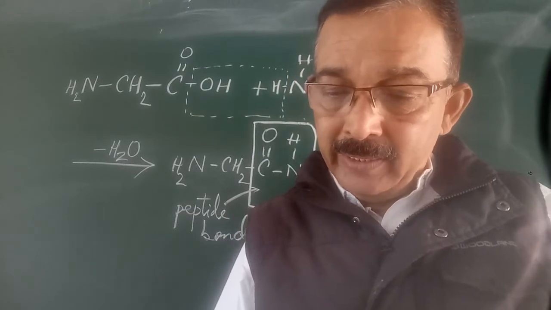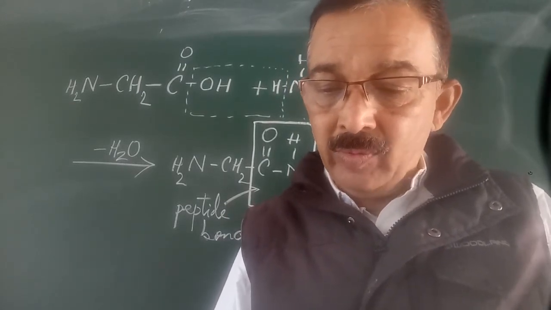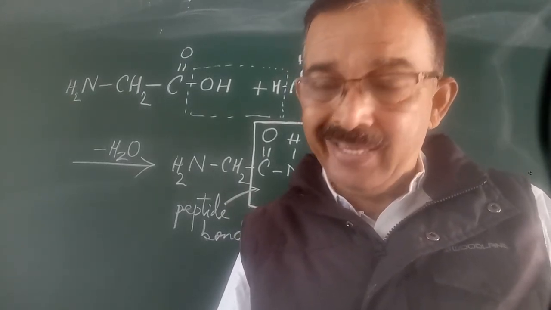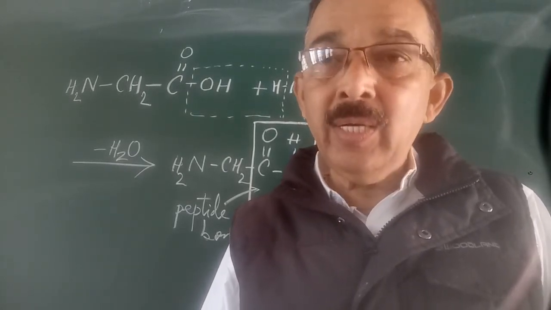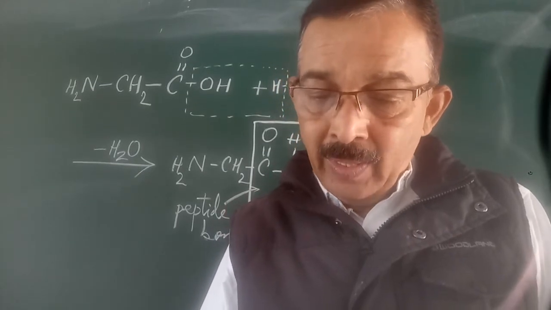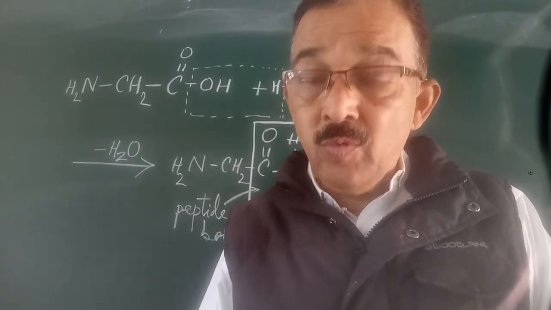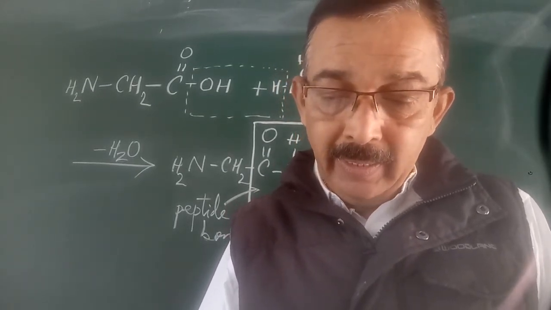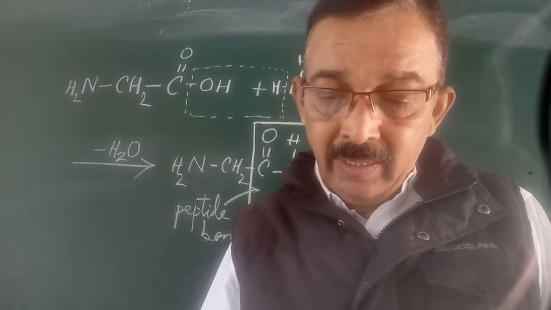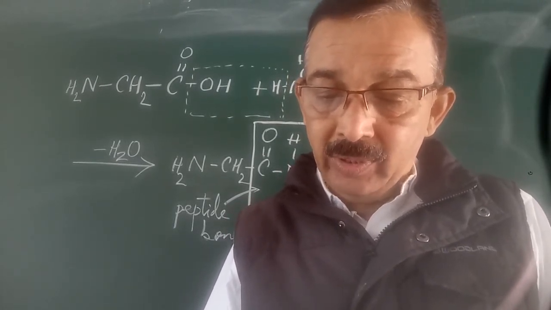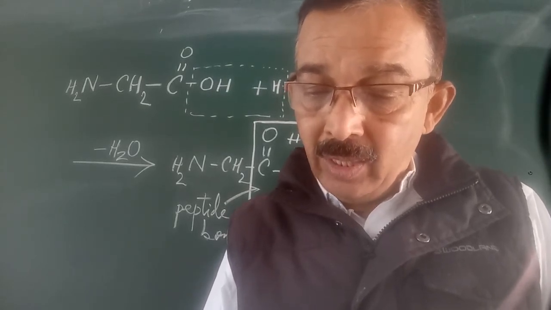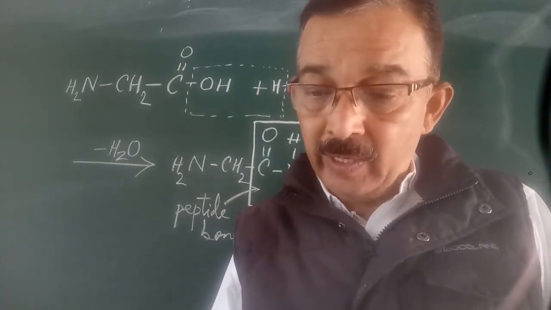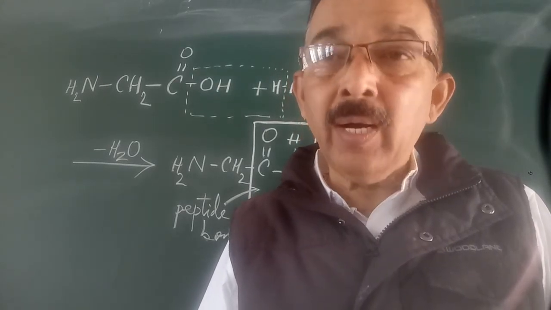When the number of such amino acids is more than 10, then the products are called polypeptides. A polypeptide with more than 100 amino acid residues, having molecular mass over 10,000 unified mass, is called a protein.